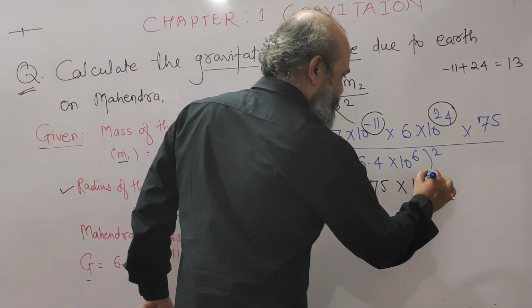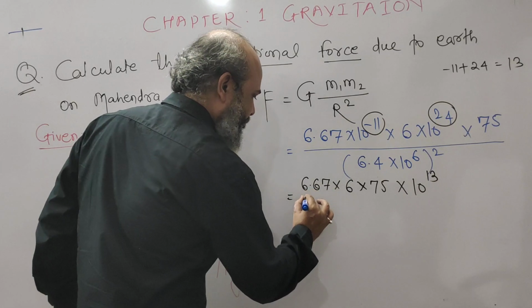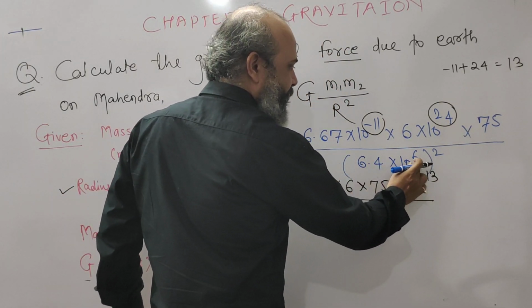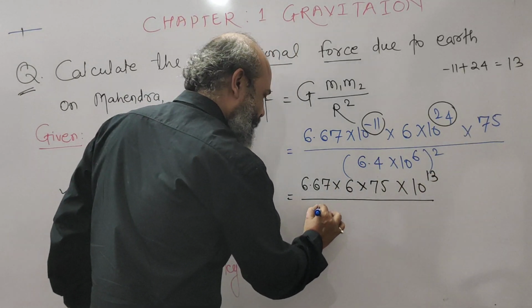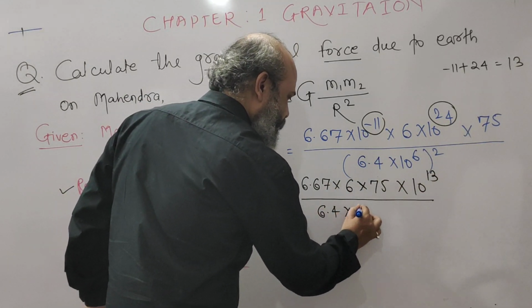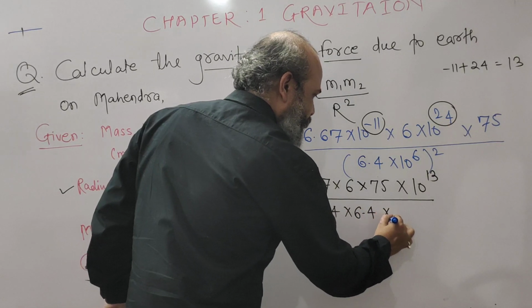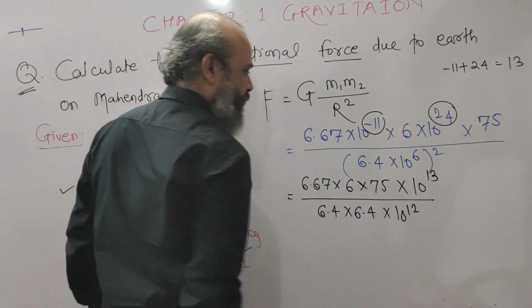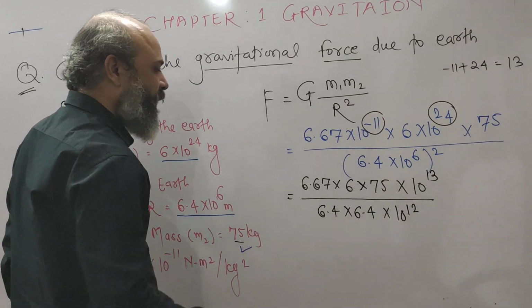So we put plus 13 here, and divided by 6.4 into 10 to the power 6 the whole square. So you will write 6.4 into 6.4 into 10 to the power 12. Okay student? 10 to the 12.